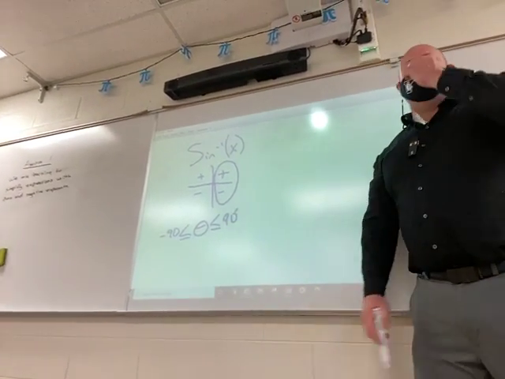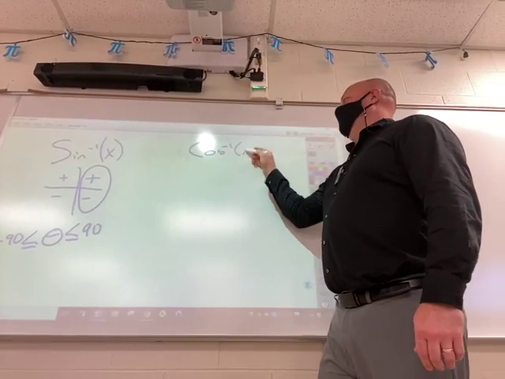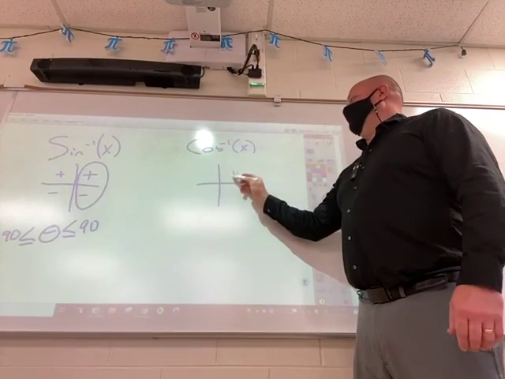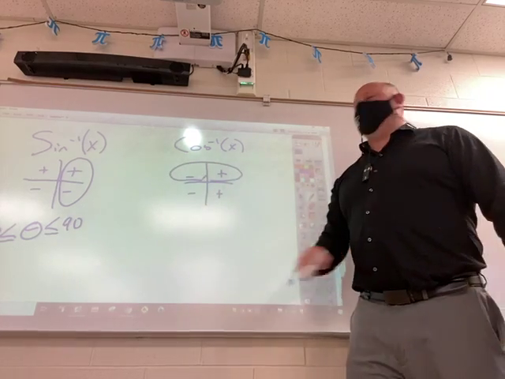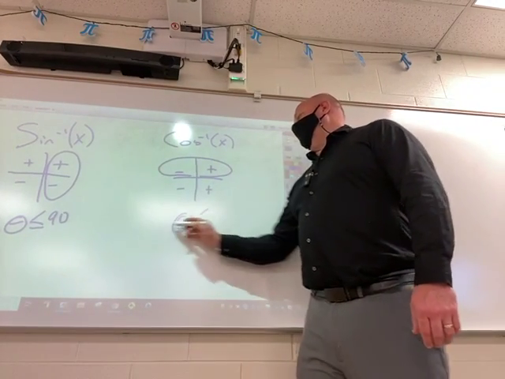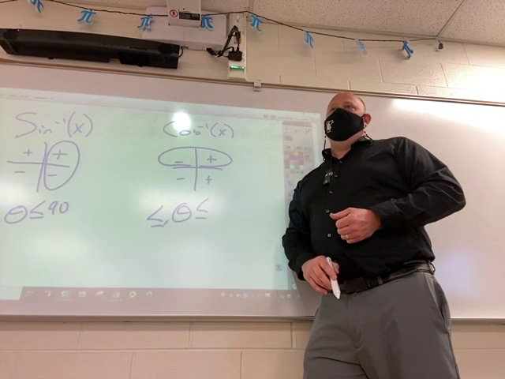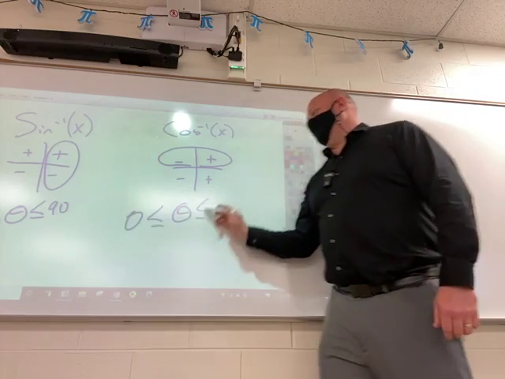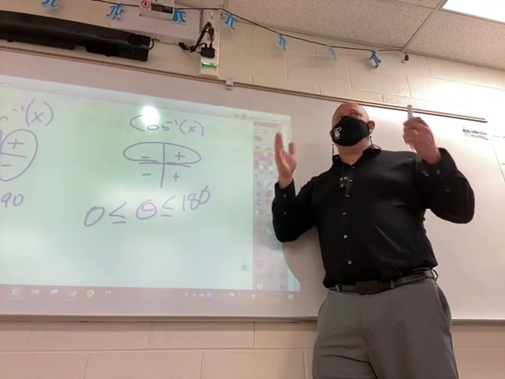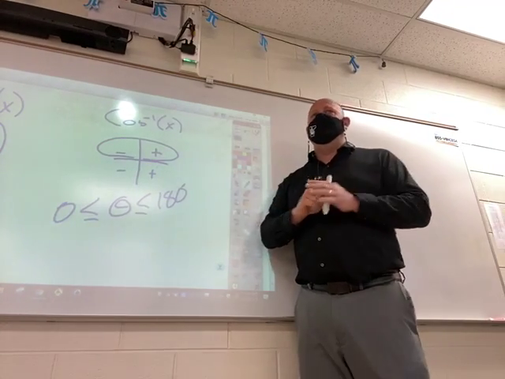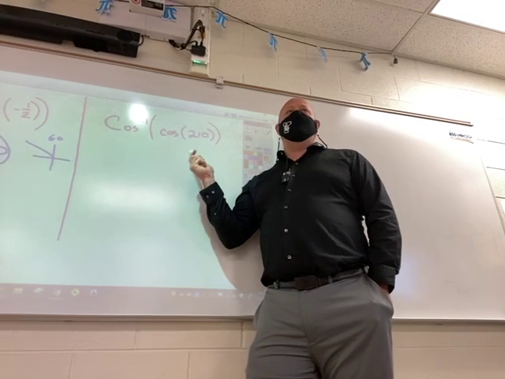And for cosine, cosine's positive in the right two, and for principal value we only use the top two quadrants, which means what is the range your answer has to be between? 0 to 180, right? Your final answer after you take an inverse cosine has to be somewhere between 0 and 180. Then it's mathematically impossible for this answer to be 210 degrees.